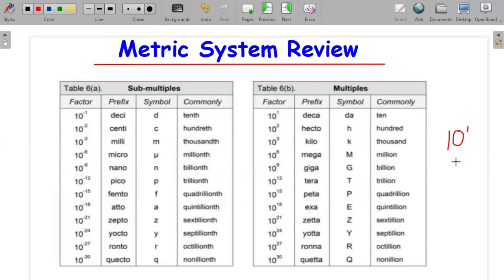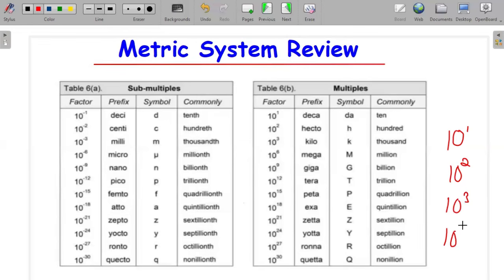And then now I start multiplying 10 by itself, by a specific number. So if I multiply 10 by itself 2 times, then I'm going to have 10 to the power 2. If I multiply 10 by itself 3 times, I'm going to have 10 to the power 3.